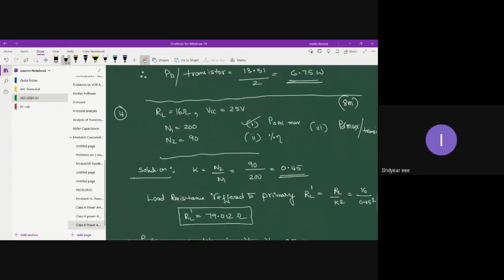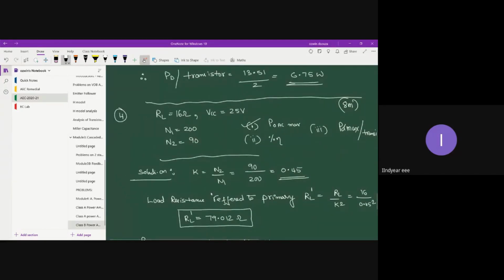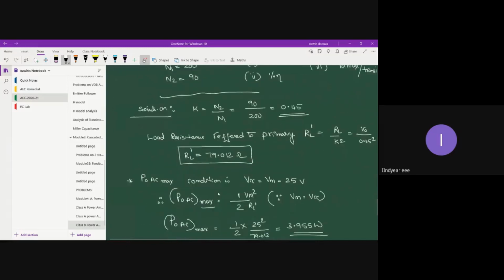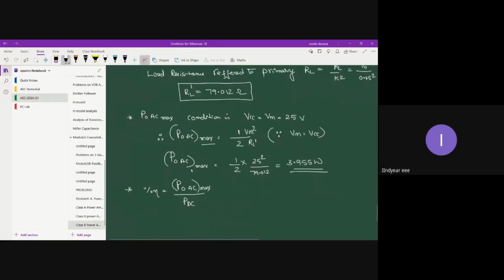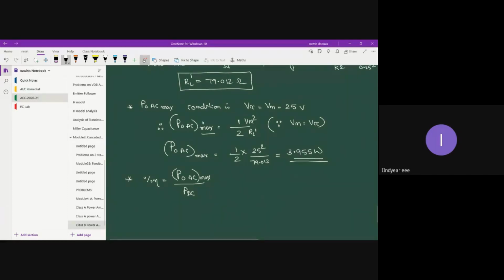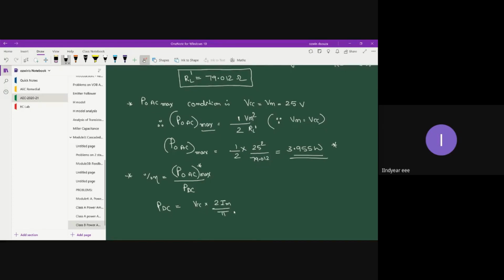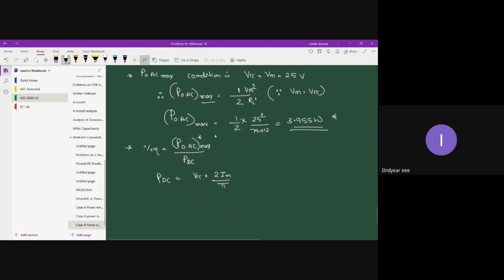That's because the Vm value isn't given, so you must consider that the maximum AC output itself is the usual AC output. Okay, so P0 AC maximum we have already calculated in the previous step. So what you need to do is calculate PDC. Okay, so PDC is VCC into 2Im by pi.